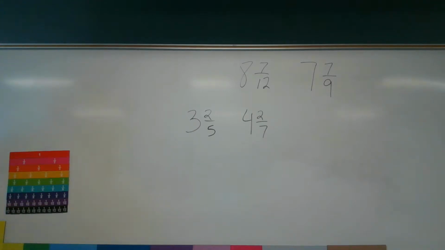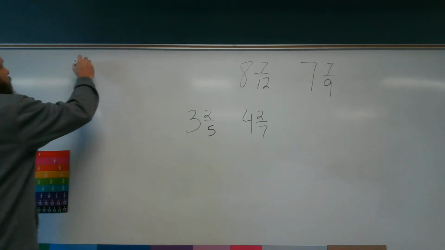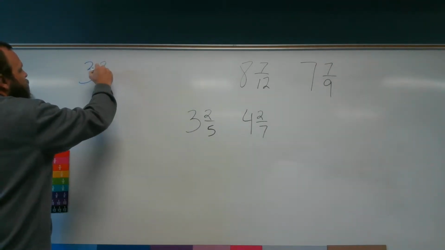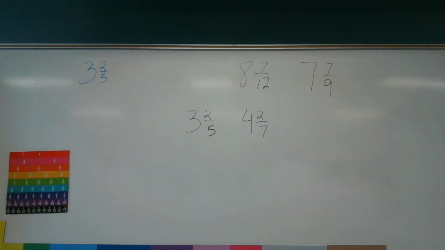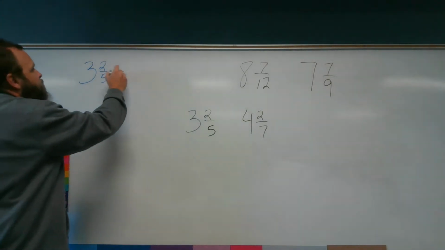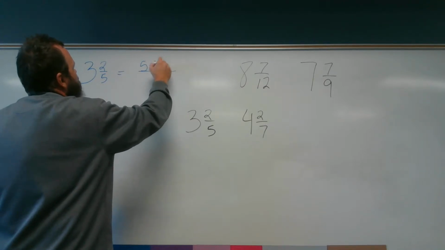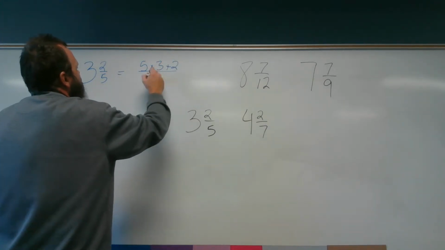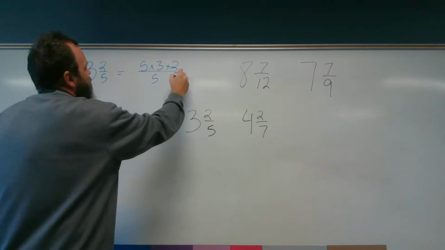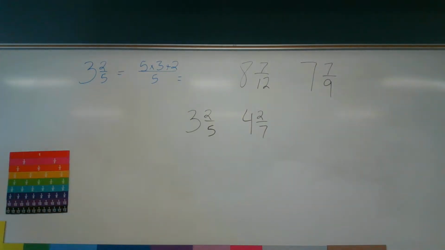All right, so we're going to start with 3 2/5. Now we have notes in our journal that we can use. We have practice problems that we could do. We have our denominator times our whole number, add our numerator, and that's going to stay over our denominator. Evelyn, what's 3 times 5? 15.